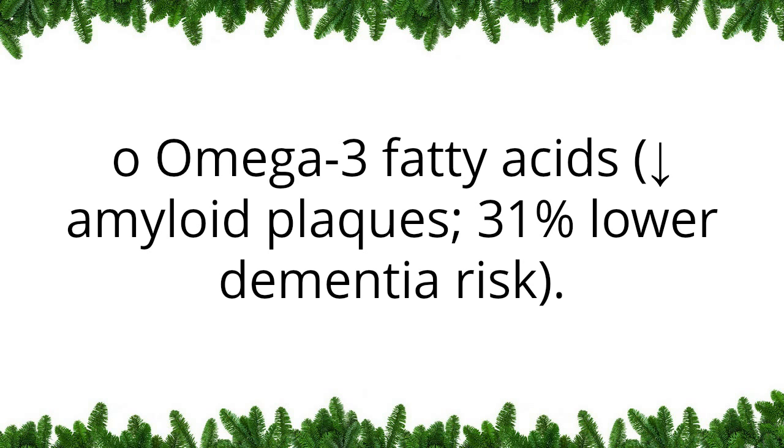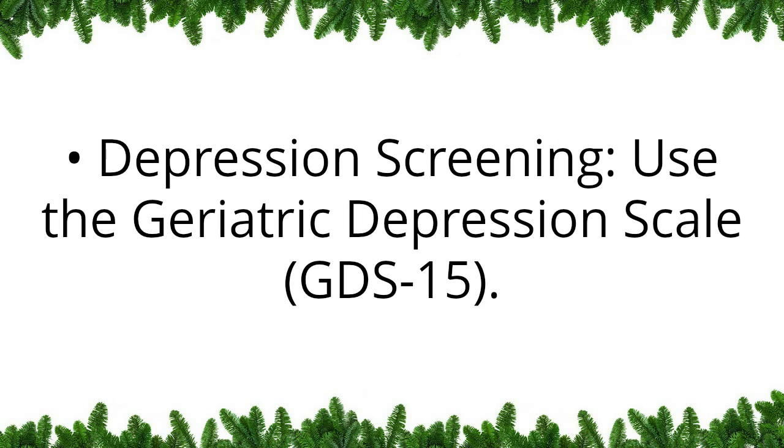So omega-3 fatty acids are very important in order to reduce cognitive decline. Others may have cognitive decline because of depression. Hence, you are encouraged to use the geriatric depression scale to rule out depression.